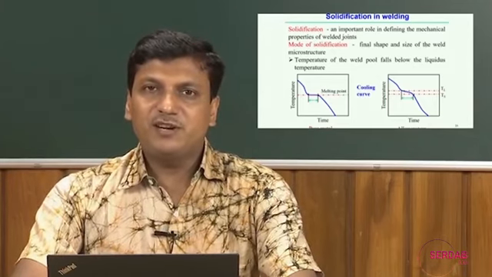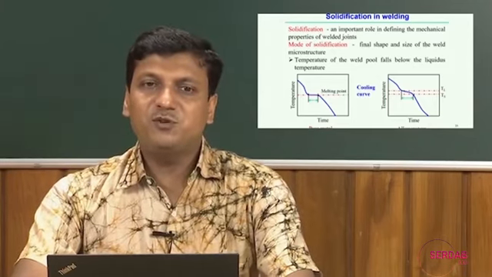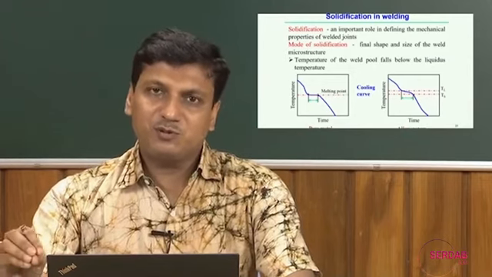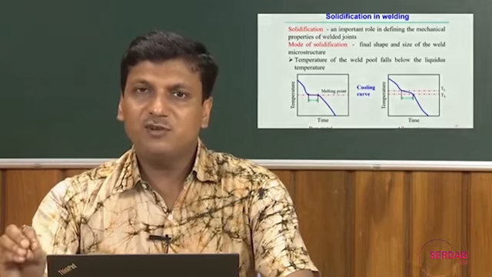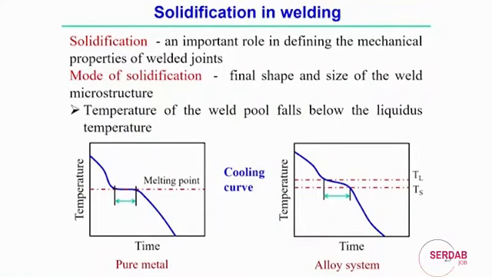In a pure metal there is a single melting point temperature, so the change from liquid molten pool to solid may happen at a single temperature, but over a lapse of time. That lapse of time is basically the release of latent heat by changing phase from liquid to solid.